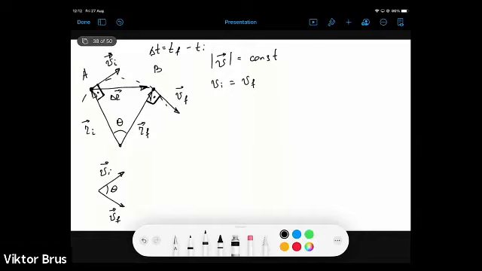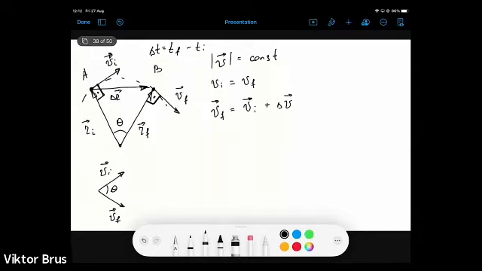So the final velocity vector v final can be expressed as the sum of two vectors. It will be the v initial velocity vector plus some delta v vector, which is the change of the velocity.